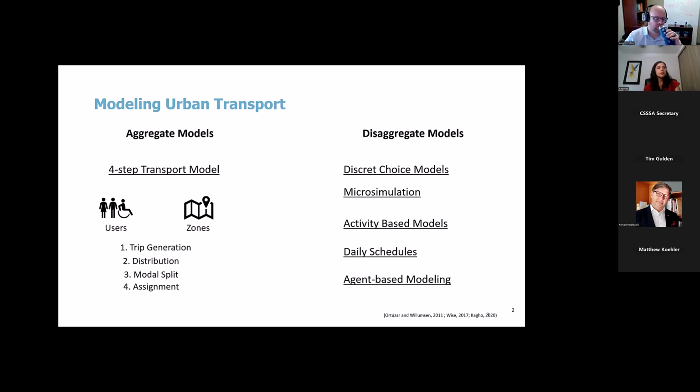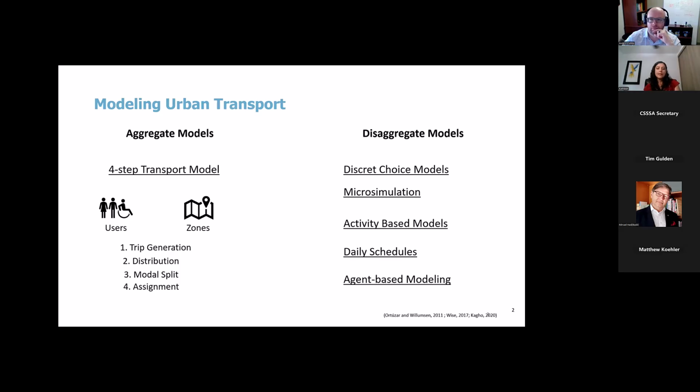Later on, with the advancements in computation and the appearance of different tools, microsimulation appeared, which made it possible to have more disaggregate models, to the point where we now have activity-based simulations or daily scheduled simulations.